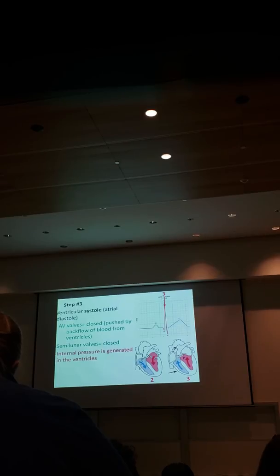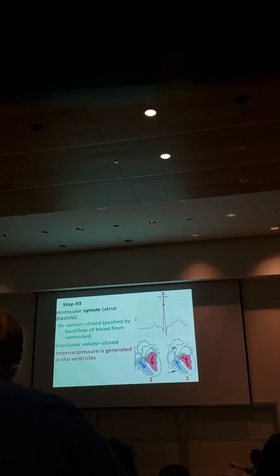Let's see. So right now, again, internal pressure is generated in the ventricles. Let's do a short learning catalytics about isometric, isotonic. We talked about movement and pulling bones. Here we're not pulling bones, here we're moving blood from one point to the next.